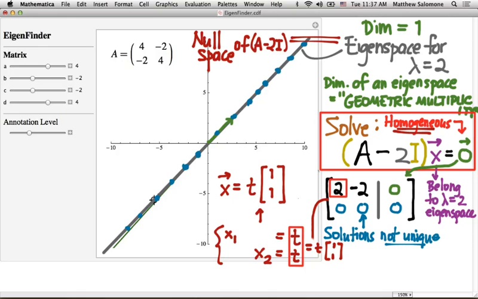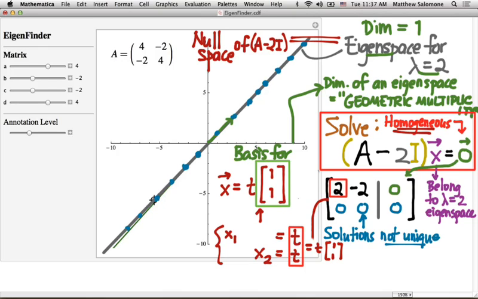So what is a basis for my solution set? It's the vector 1, 1. And because it's a solution set of the homogeneous equation for A minus 2I, it's a basis for the null space of A minus 2I, and is therefore a basis for the eigenspace of lambda equals 2.